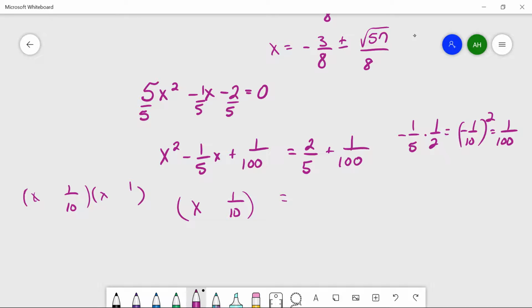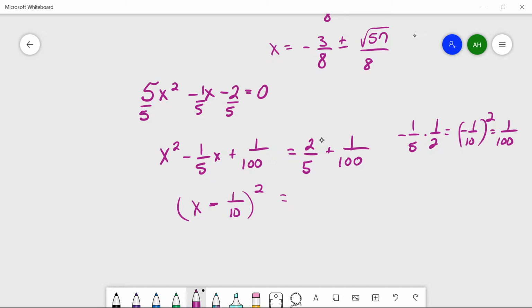When I do the 1/10 x and the 1/10 x and add those together and get 2/10 x, that needs to be negative, because this needs to be a negative 1/5. So those need to be negative. When I multiply them, they're going to be positive for my third term, but when I add them together, they're going to be negative for that middle term. So this needs to be a negative right there, okay? And this is squared.